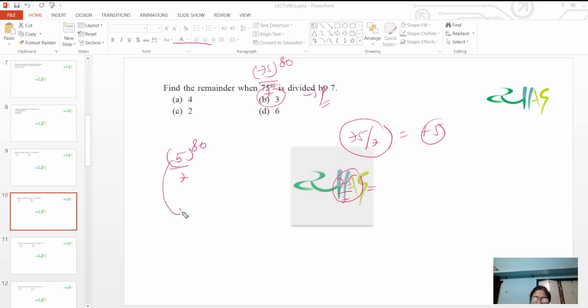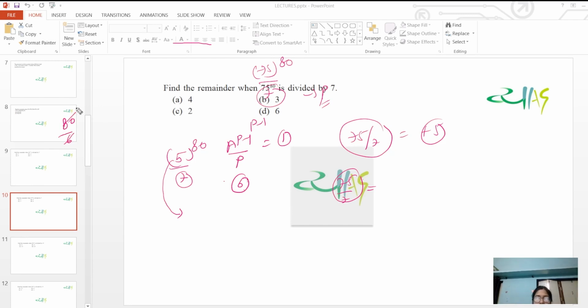Now see, what happens here is this is a prime number, and what we basically need here is p minus 1, because a to the power p minus 1 divided by p is 1. So if we get 6 here, then our job will be done. So let's just divide this 80 by 6.